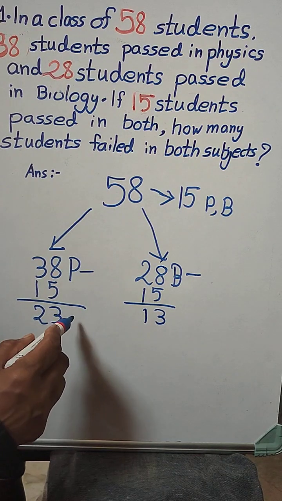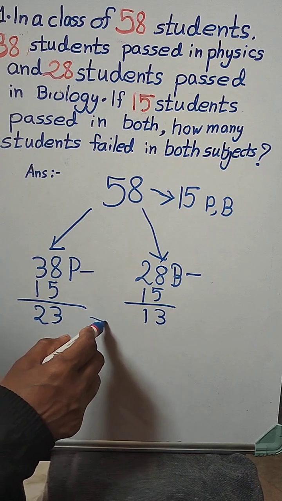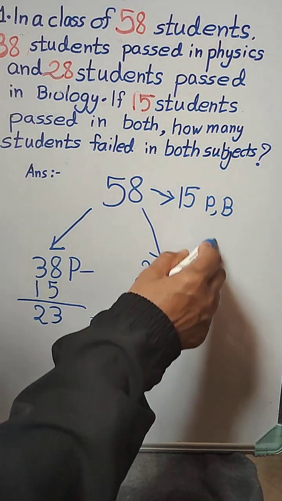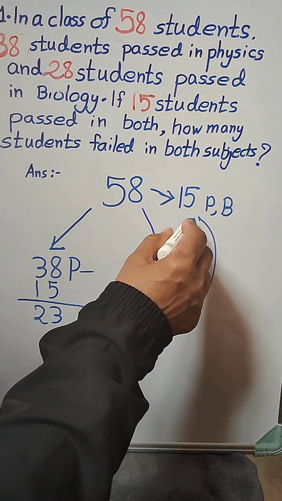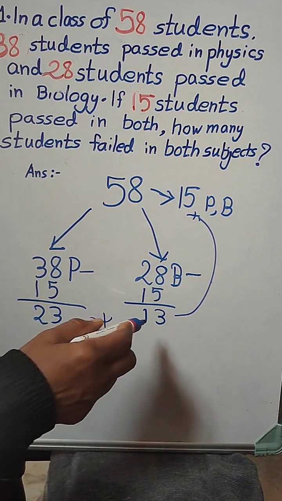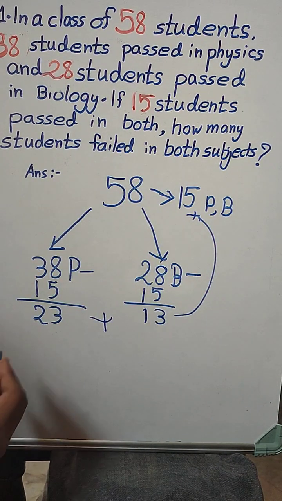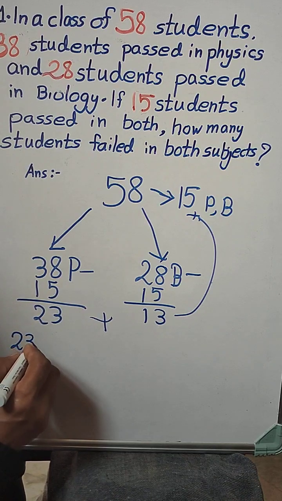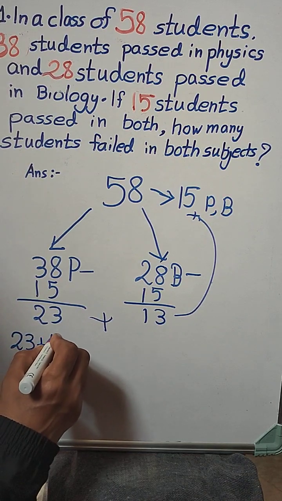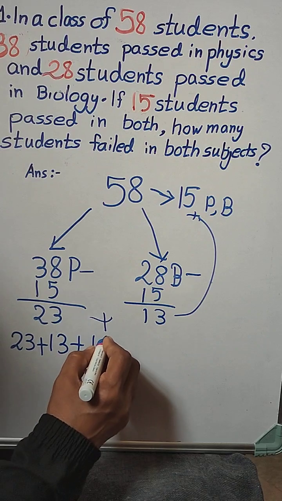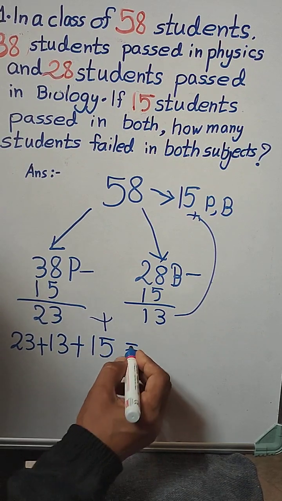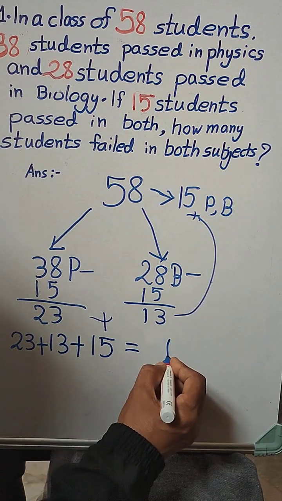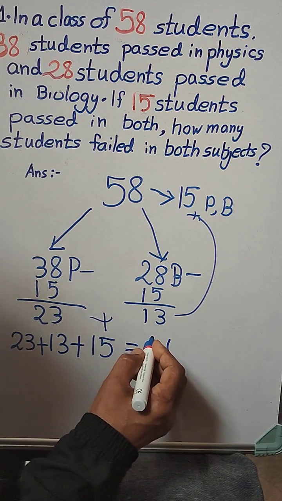Now add all these: 23 plus 13 plus 15 is equal to 51.